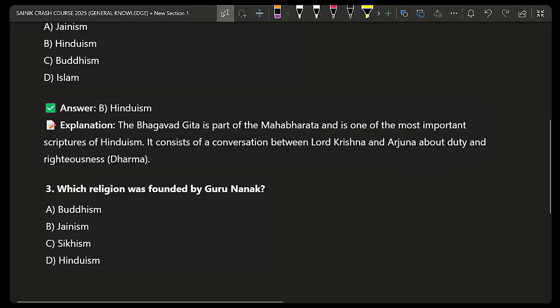Time up. Two students said Hinduism, wrong answer. And 5 students said Jainism, wrong answer. 12 students gave the correct answer. It is Sikhism.